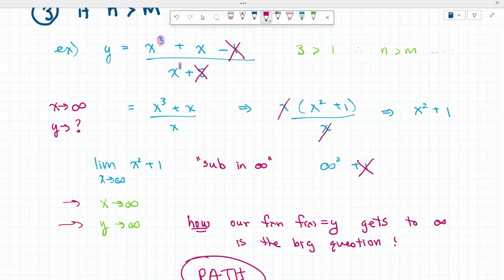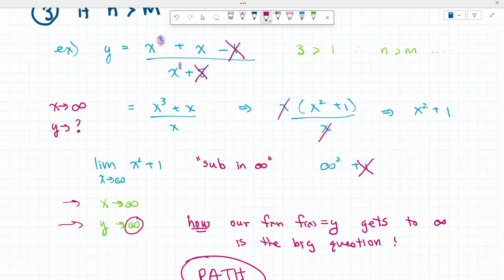It was really easy to wrap your head around the end behavior of that function. But in this case, we know that y is going to get infinitely large, but we want to know how it's getting to infinity. Is it following a linear path? Is it following a quadratic path, an exponential path? We want to figure that out. And that's what we're going to do for case 3.